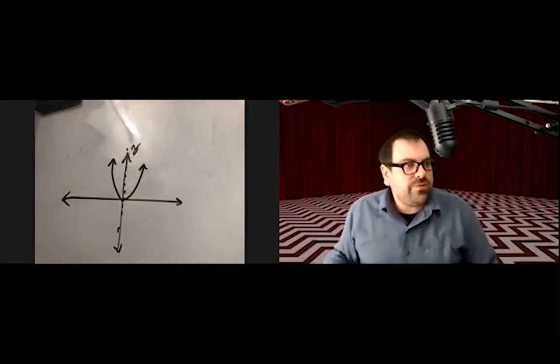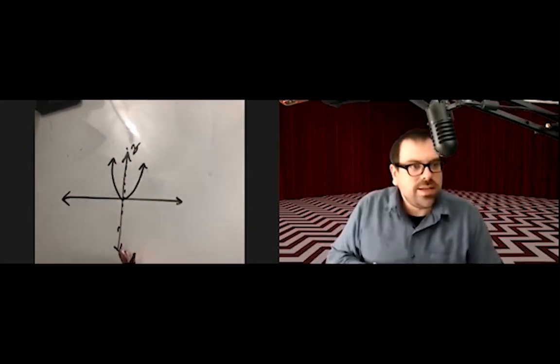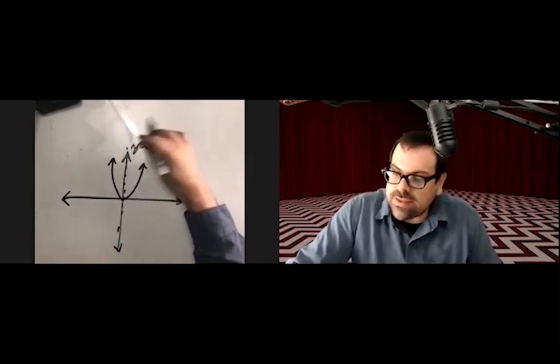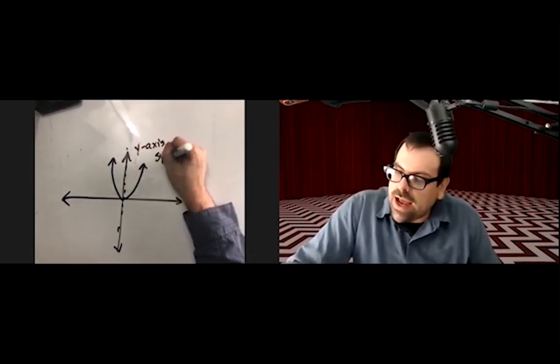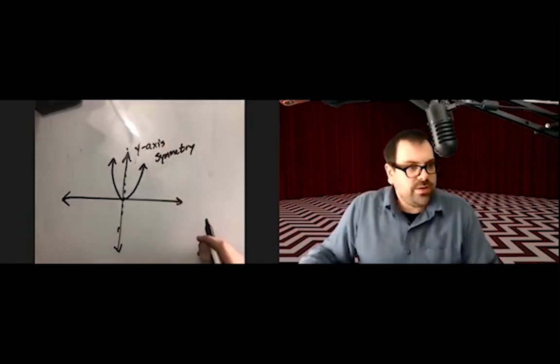When we're on a graph, that vertical line in the center is the y-axis. So this is actually referred to as y-axis symmetry.